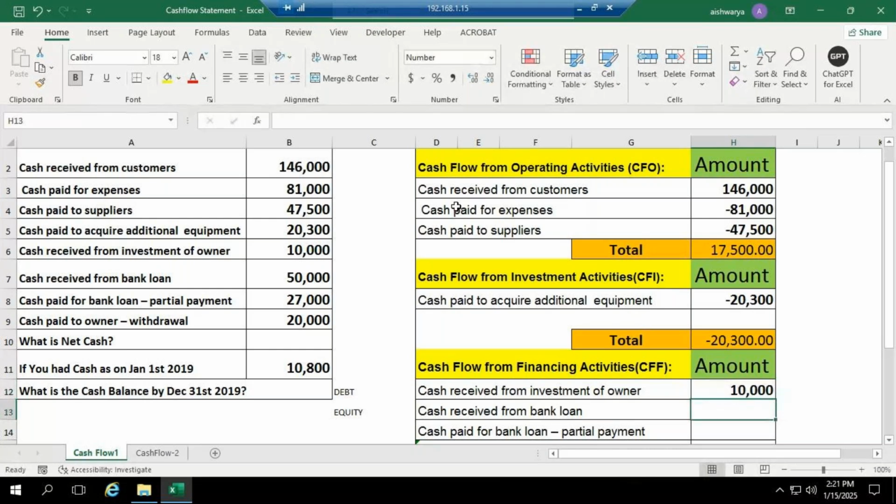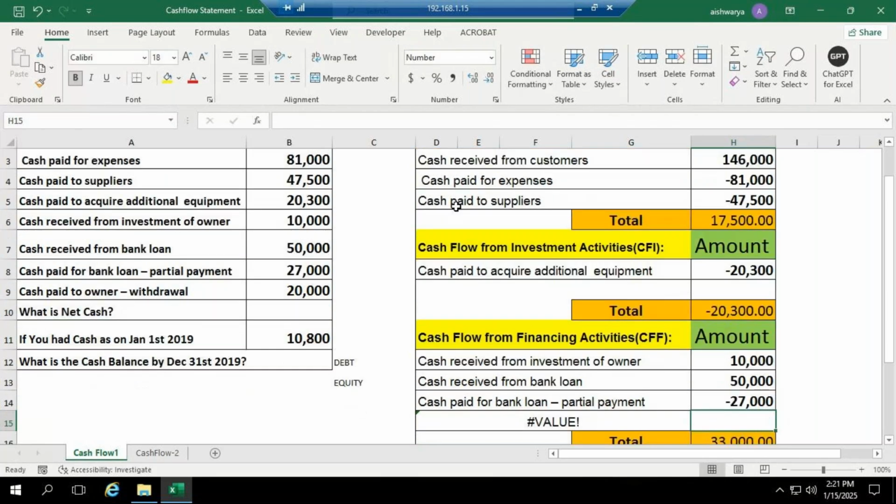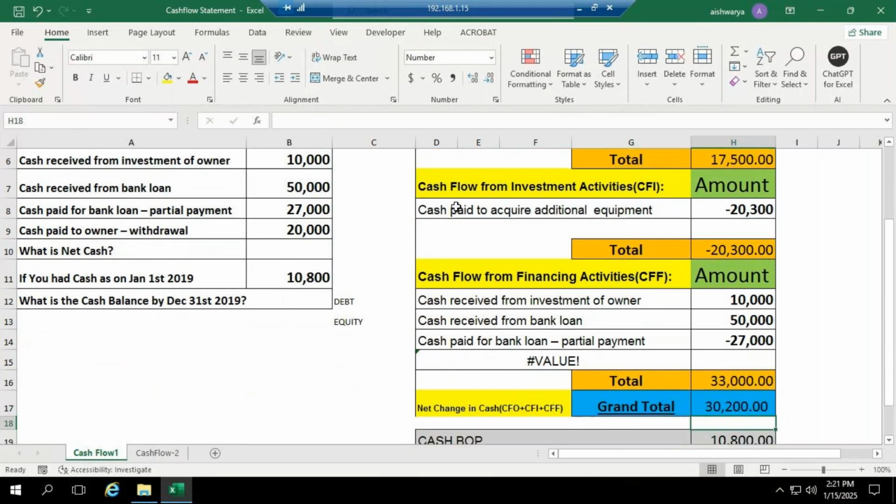Cash received from the bank loan, that means 50,000. Cash paid for bank loan will be minus 27,000. Now you will be getting the answer here as 33,000.